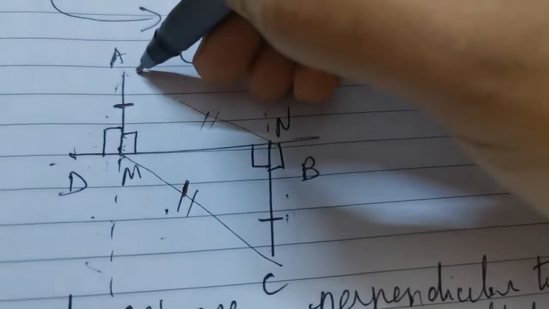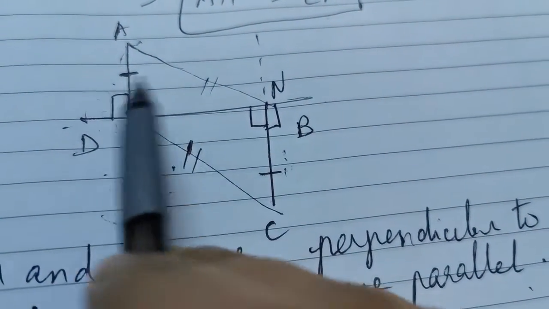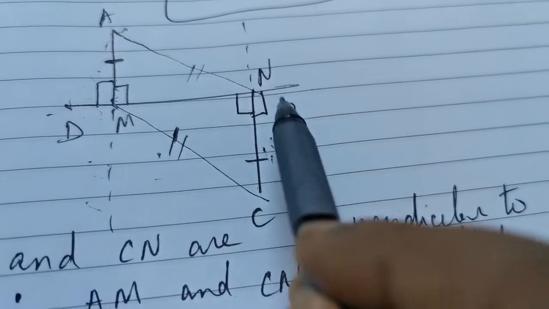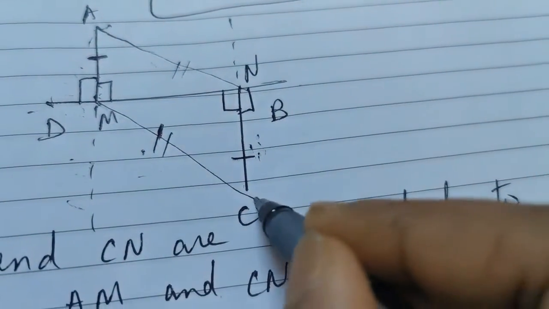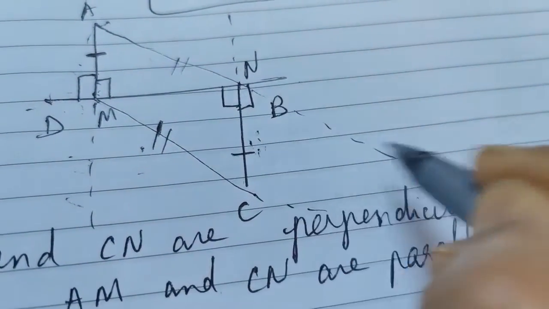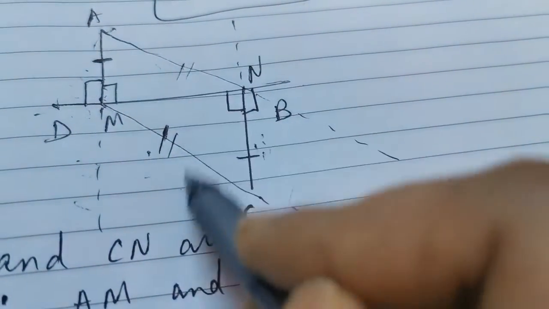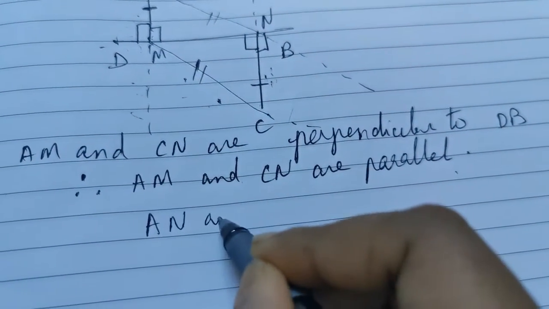These are parallel lines and they are equal to each other. Therefore, the lines joining them will also be parallel. They will also not meet each other. The lines AN and CM, when you extend, will not meet each other. The angle between them will be 0. Therefore, the lines AN and CM are also parallel.